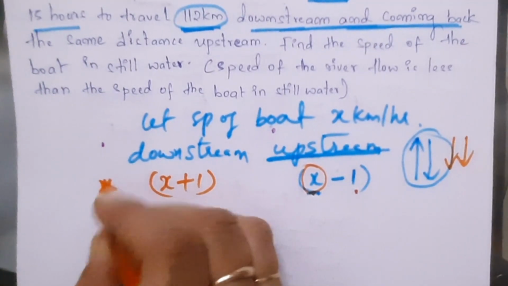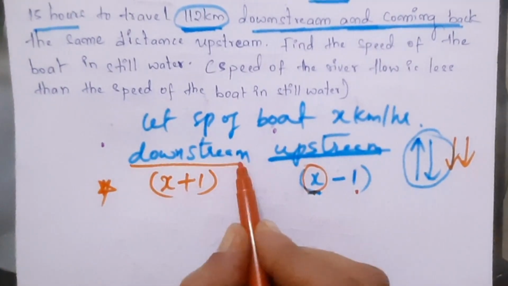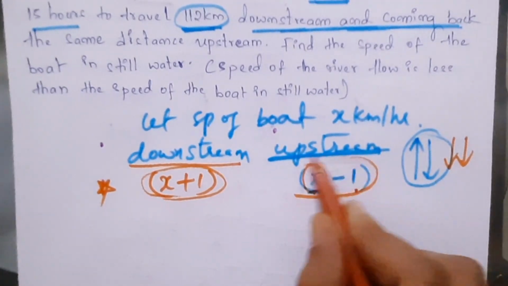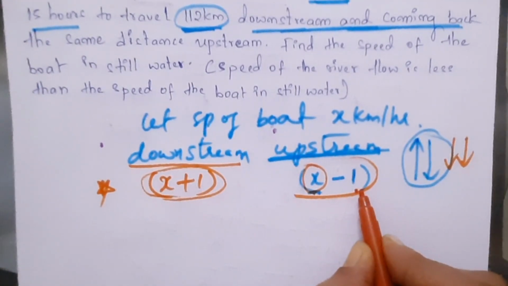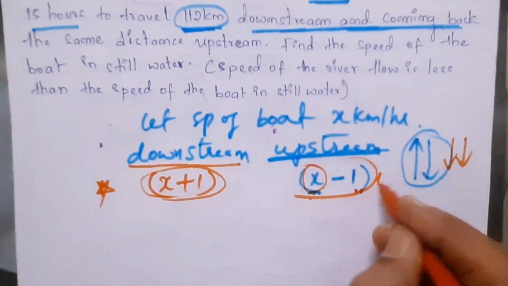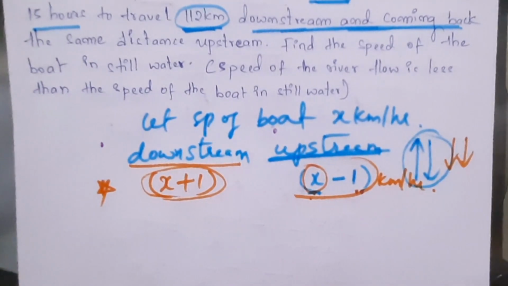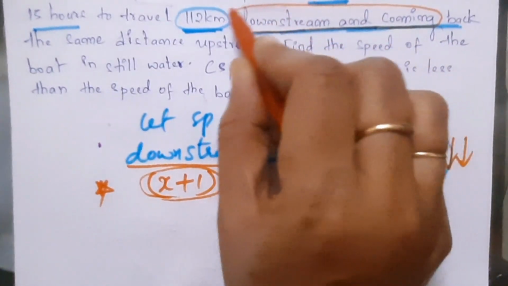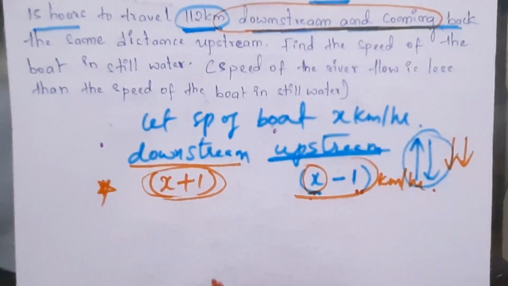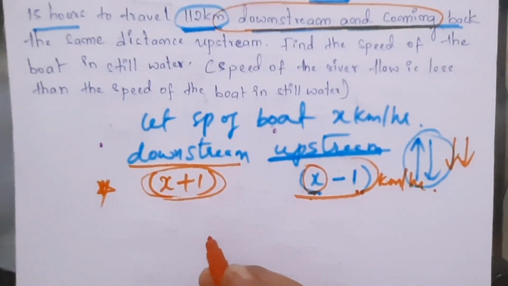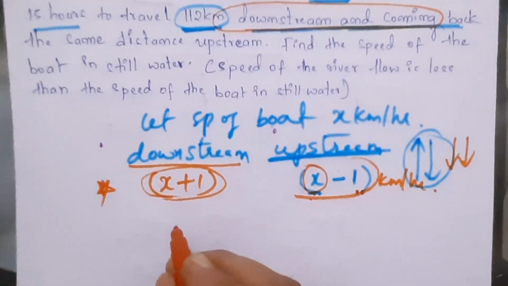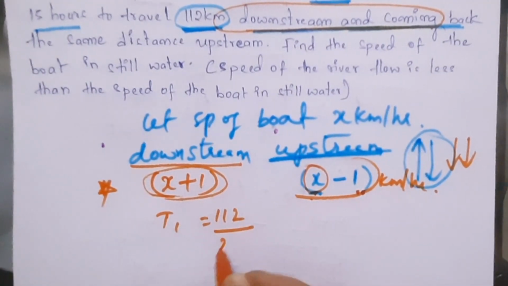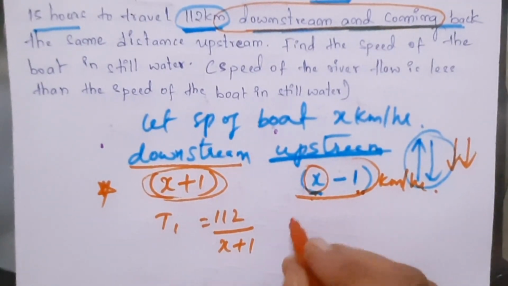So this is the logic which you need to remember. In downstream, the speed of river and boat get added. For upstream, we subtract the speed of river from the speed of boat. So how to solve this type of question? When downstream and upstream are given together, we need to take a plus sign between the two. So time 1, it is traveling 112 kilometer with x plus 1 speed.